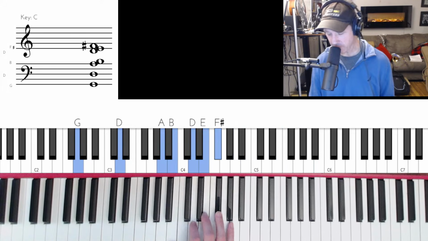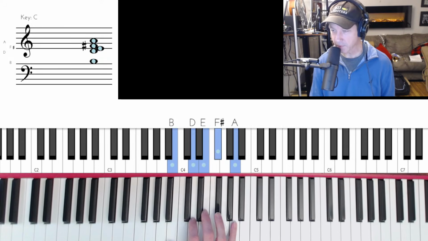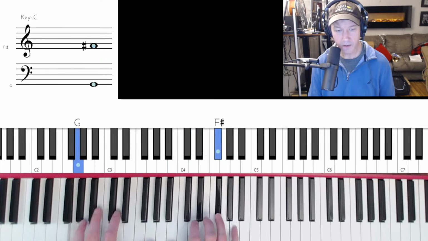So that's in the 5-note pattern of B minor, but I can also break it up into 4-note cells. This sound right here.